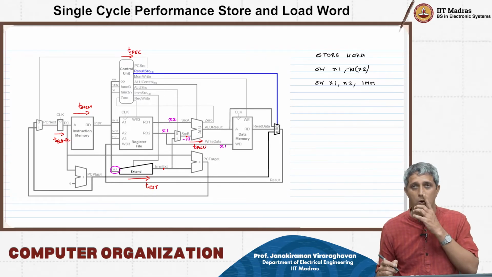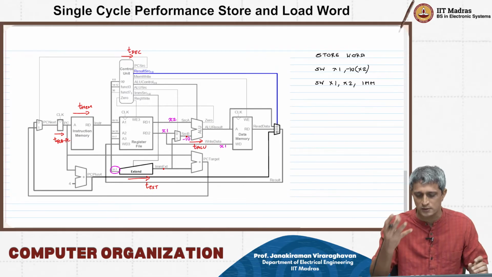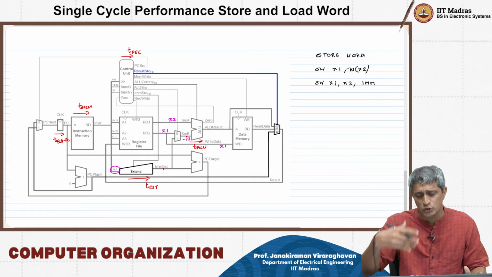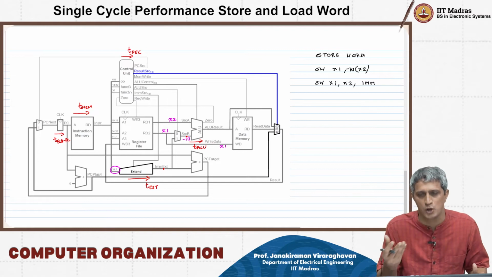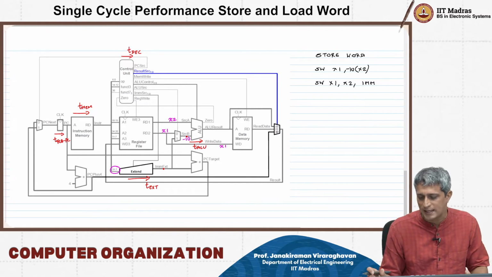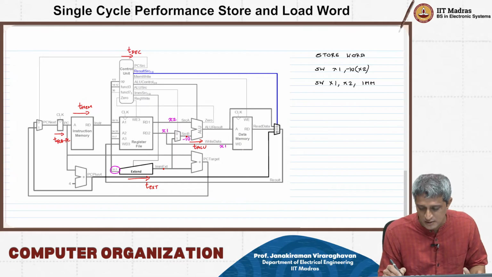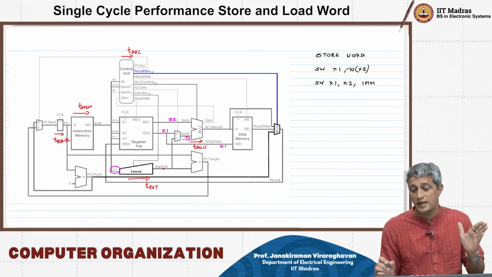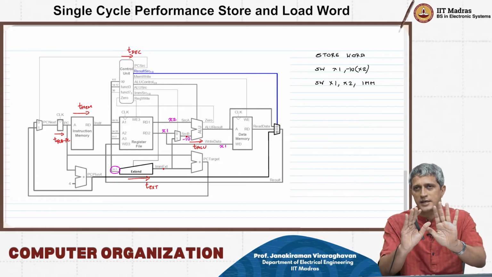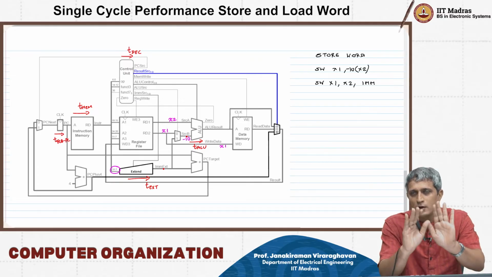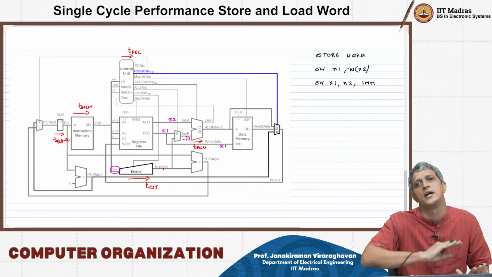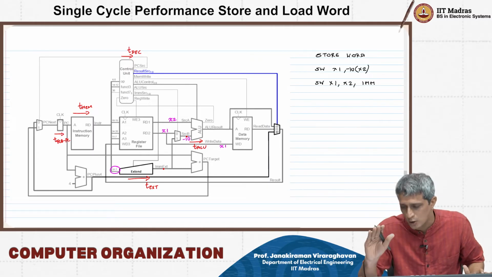TALU is going to evaluate this x2 minus 10, and then that's going to get treated as an address, and data is now ready. It has to just be ready there. Okay, there's nothing to do. It will get written in the next clock cycle.